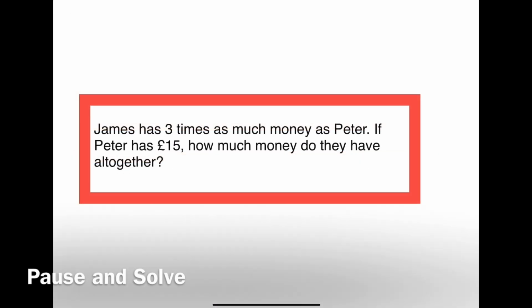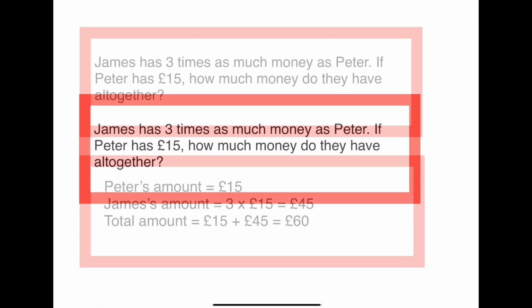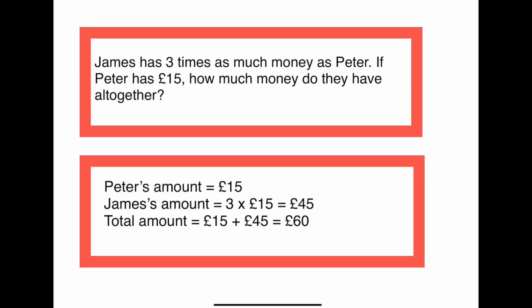James has 3 times as much money as Peter. If Peter has 15 pounds, how much money do they have altogether? Pause your video and solve. Peter has 15 pounds. James has 3 times as much money as Peter.